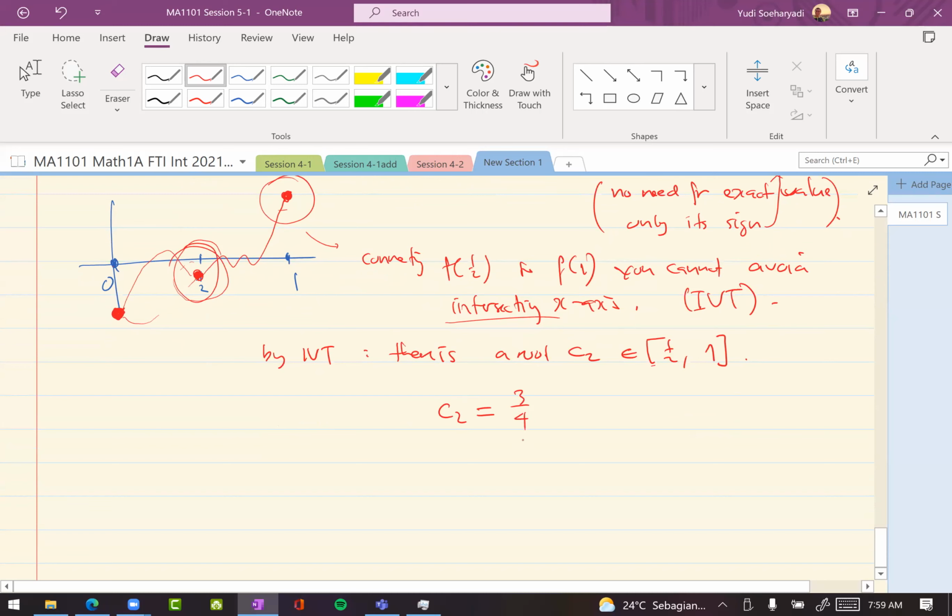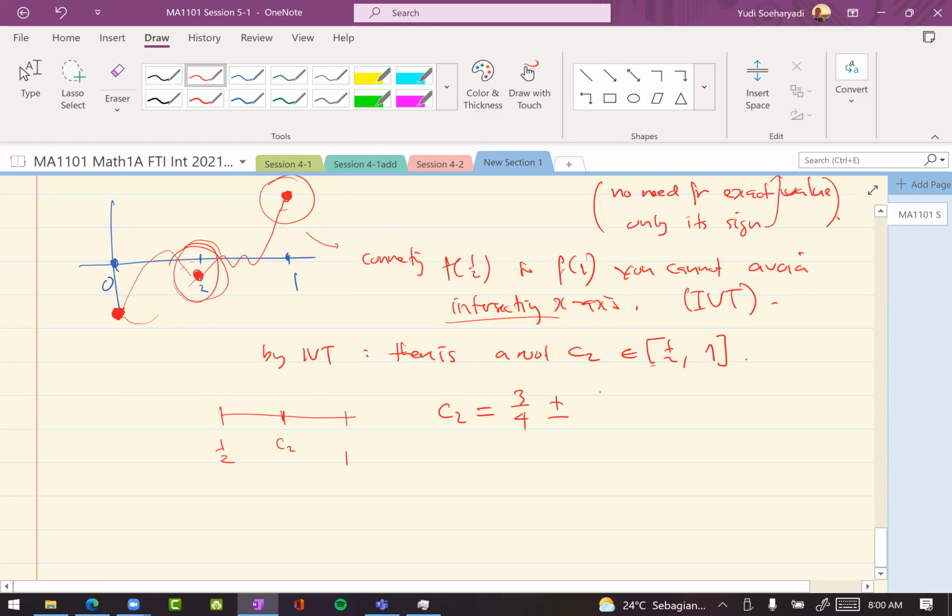So that's 3/4. So what's the error? If you pick c2 here, what's the error?